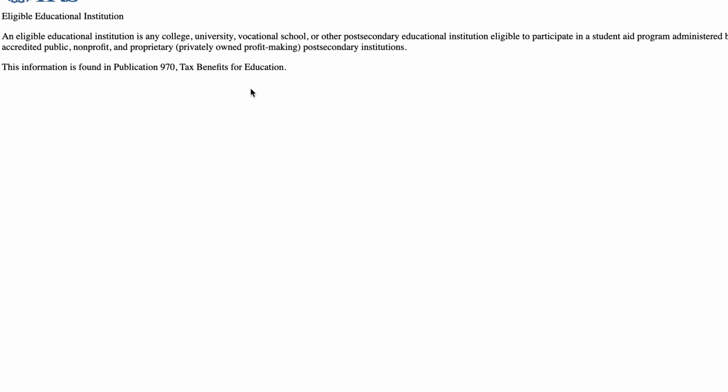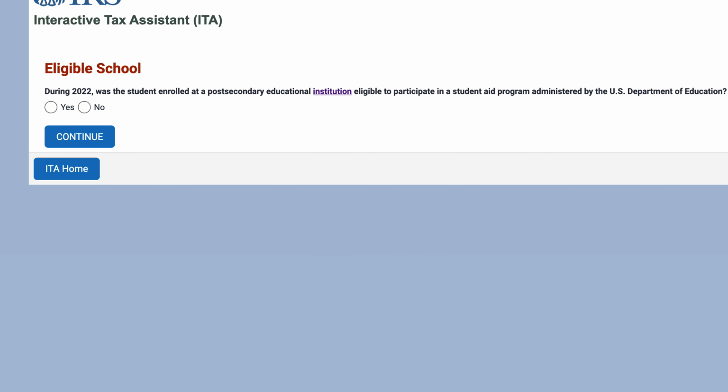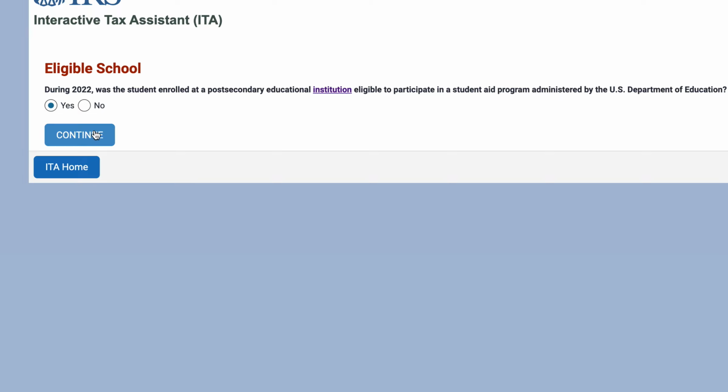This is virtually all accredited public, non-profit, and proprietary, otherwise known as privately owned for-profit, post-secondary institutions. So most colleges are going to accept this, as well as trade schools, vocational schools, things of that nature. That is kind of a big red flag, so you should make sure that your educational institution meets that requirement.